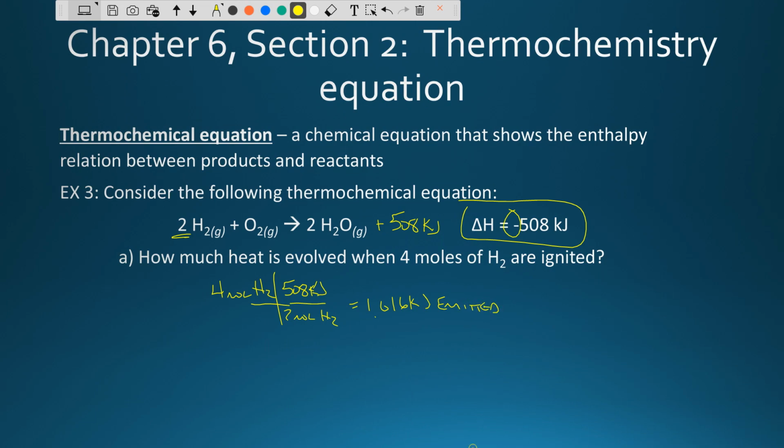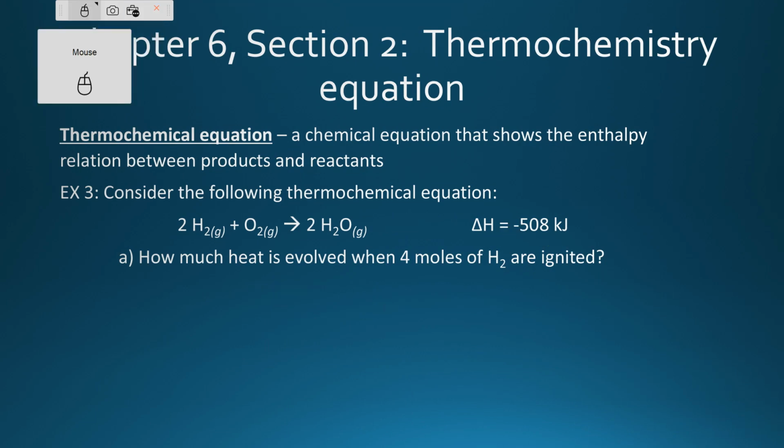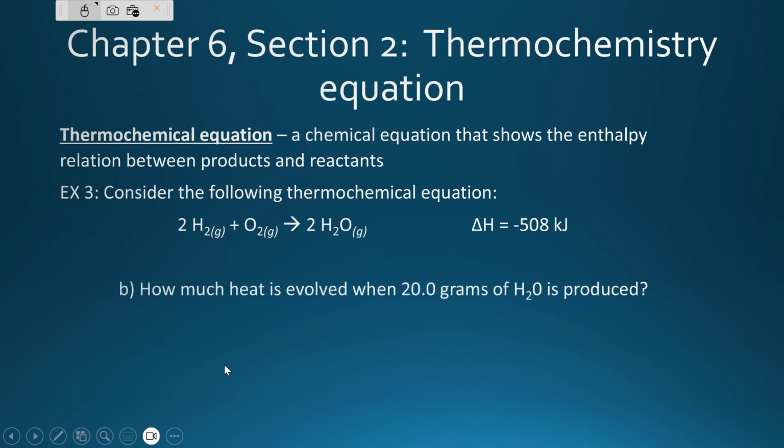That's all we need to do. How much heat is evolved, how much heat is given off, that's all we need to do for that particular problem. Okay, how much heat is evolved if I have 20 grams of water produced? Well, these are just stoichiometry problems, aren't they? I see that I have 20.0 grams of water.